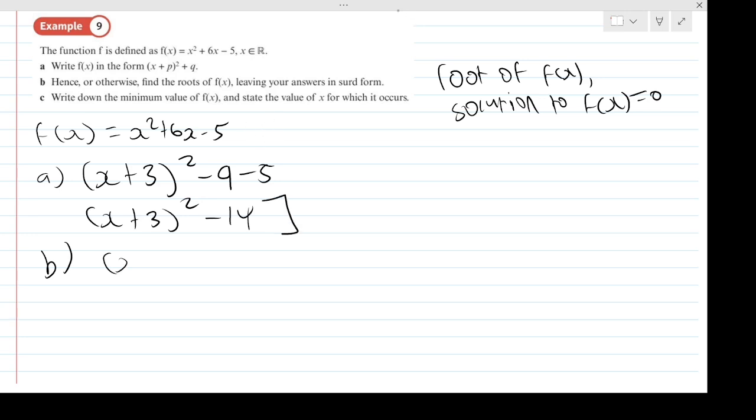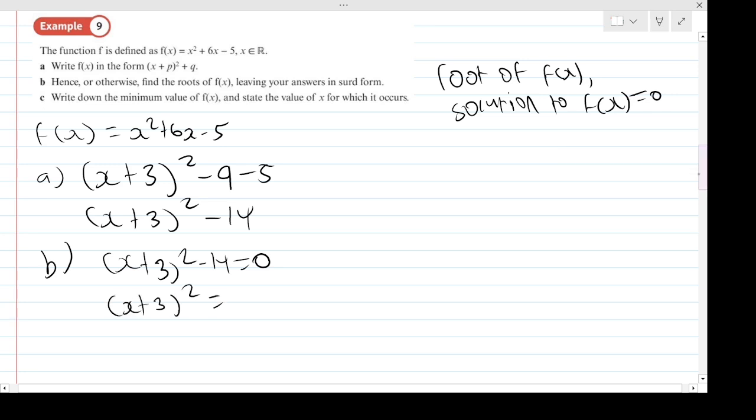But this is also f of x, what we worked out in part A. So simply x plus 3 squared minus 14 is equal to 0. Then the root is a solution to this equation, so we're going to solve it. We looked at solving equations like this earlier on in the chapter. Firstly add 14 to both sides, so we get x plus 3 all squared equals 14.